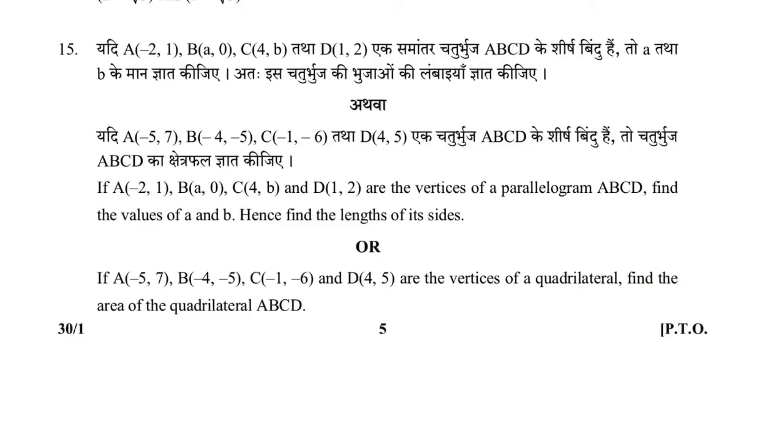We have a choice in 15th question. So the other question, we are given the vertices of a quadrilateral ABCD and we need to find out the area of the quadrilateral.